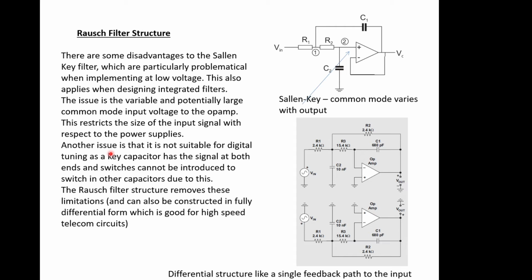It's maybe not such a significant issue, and it's quite subtle as well. It's not suitable for digital tuning, as the Sallen key capacitor has the signal at both ends. So this capacitance here doesn't have an end at ground, which means that if you wanted to put a capacitor in parallel with it and switch it in using an analog switch, then the switching voltage of analog switches tends to be related to the input voltage.